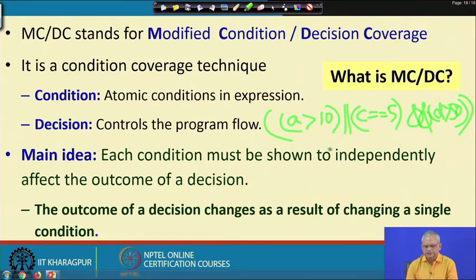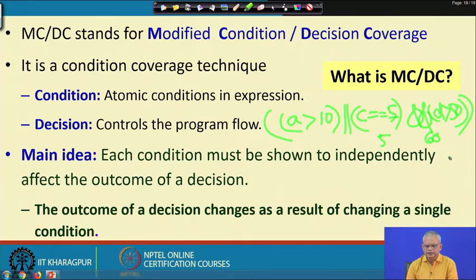Now, for achieving the MCDC, we will hold the others at some values, let us say c equal to 5 and d equal to, let us say, 60, and then as we make a greater than 10 true, the outcome should be true, and if we make this false, the outcome will become false.